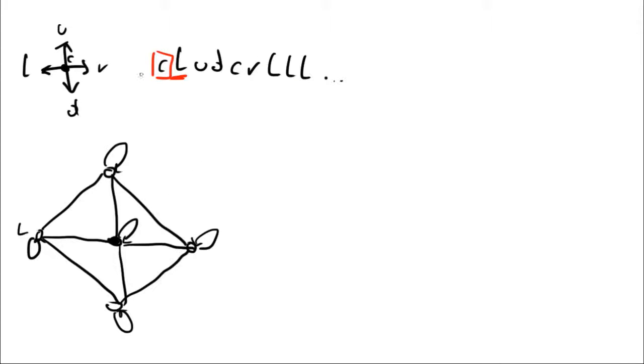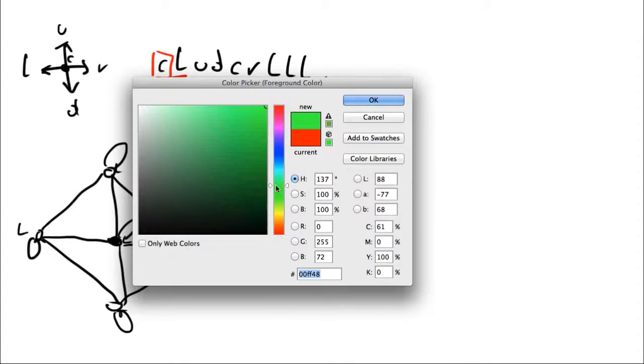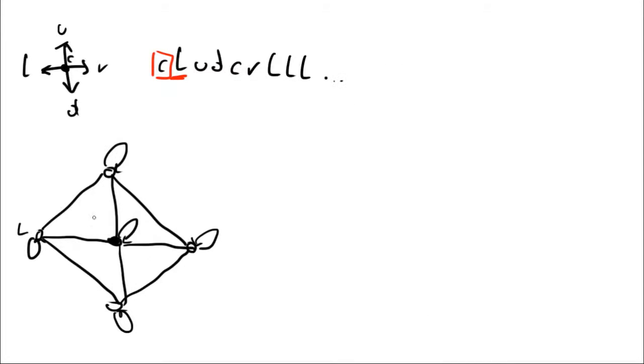So let's say we use a sequence to actually train our Markov chain. We start in the center, and then we go left, and we just add 1 to that edge.